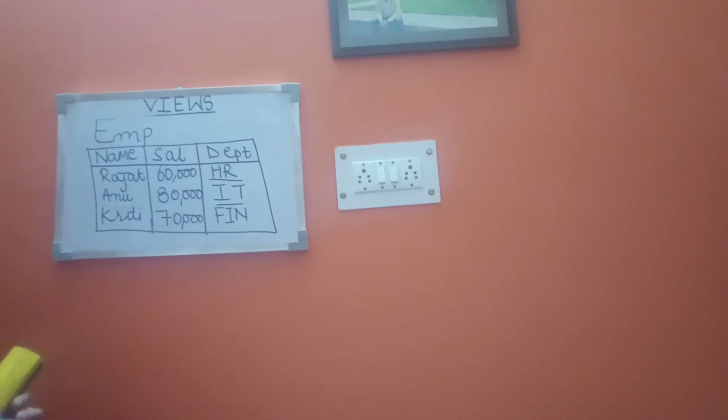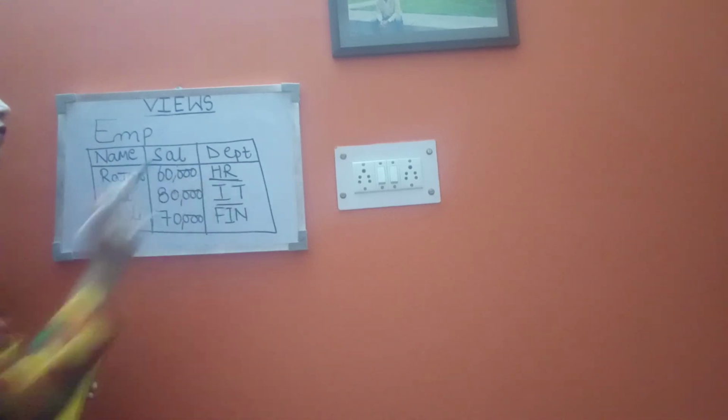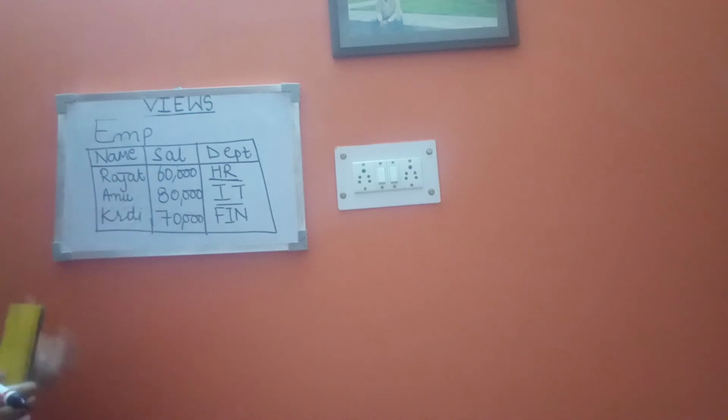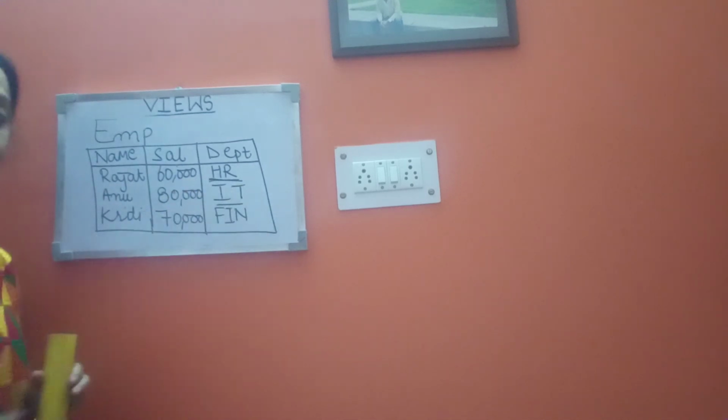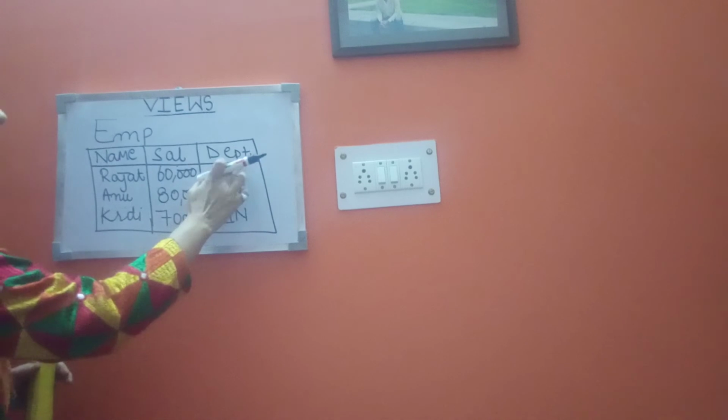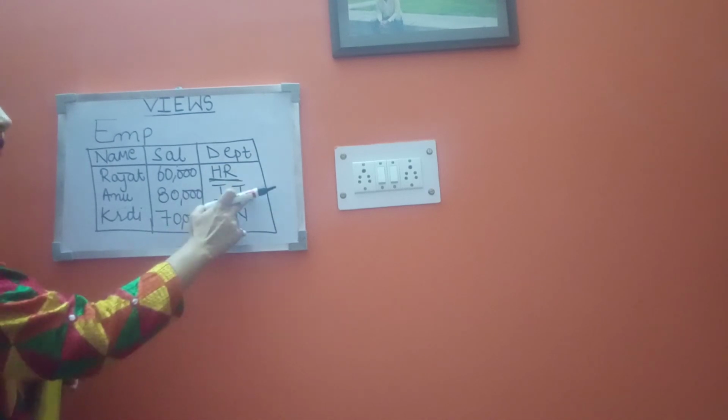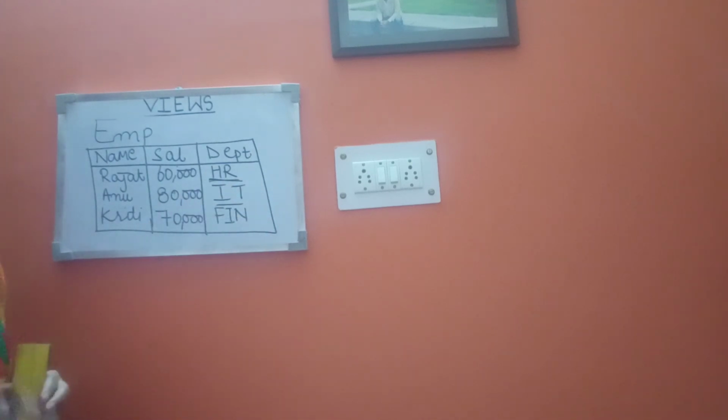Now, say for example, a person from the HR department wants to view some information regarding the employees. So, what I want is to hide the information regarding the IT and finance department. Yes, I do not want the HR department guy to view information regarding the IT and finance department.